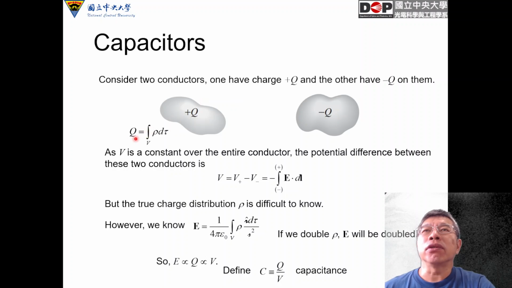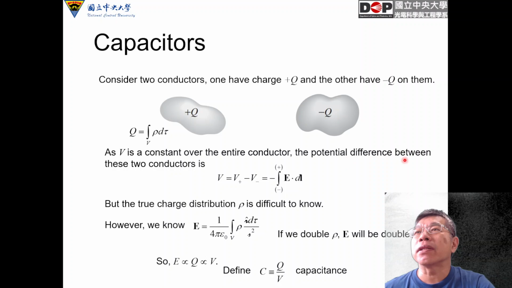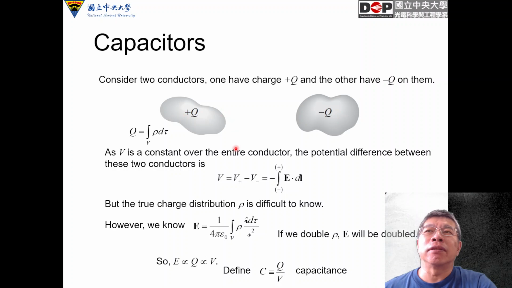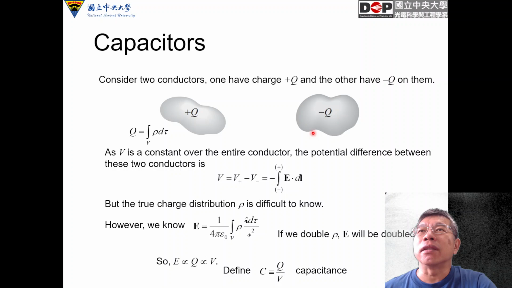So the total charge is just the volume integral over this part of the volume. As potential is a constant over each entire conductor, since we say each piece of conductor is at equal potential, the potential here is equal to the potential here, and on the other conductor the potential is all the same.